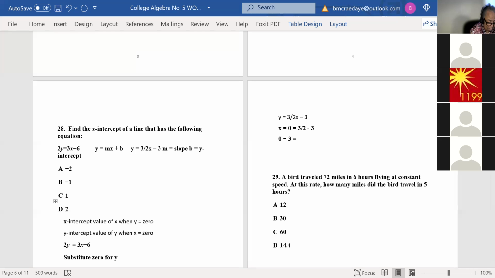Uh-huh. Is that the way you had it here? 0 plus 3 equals 3 over 2x? Yes. And then I put 3 equals 3 over 2x. And underneath that, I put 3 multiplied by 2x.